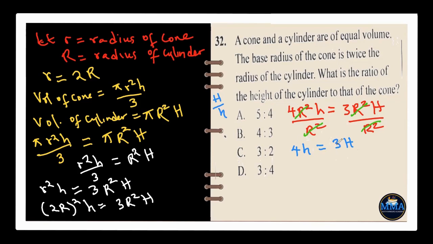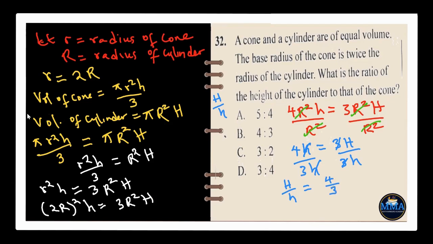For us to get that, since we want small h here, we are going to divide by 3h. So this h and this h will cancel out. So we have big H over small h equals 4 over 3.